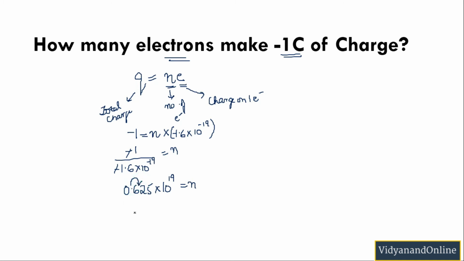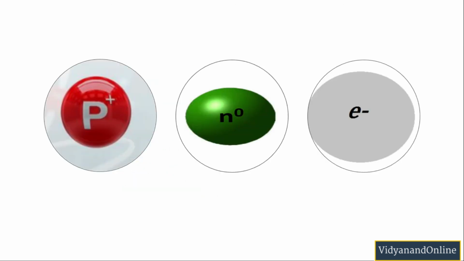For this it will be 6.25 into 10 to the power 19 minus 1, it would be 18. So see here, oh my god, so many electrons will constitute -1 Coulomb of charge. So I am sure now you can solve any numericals in which you have to find out the number of electrons. Now let us quickly revise what we have studied.